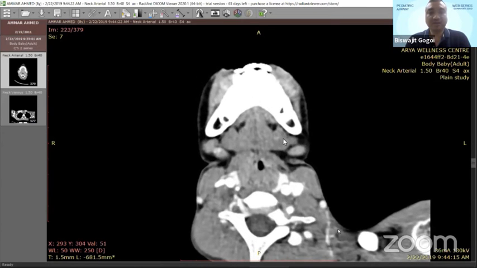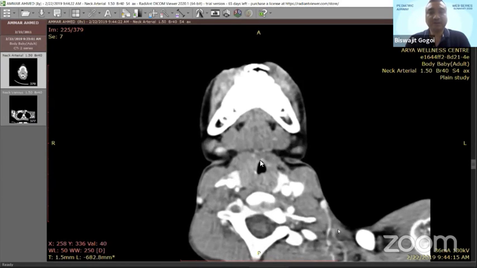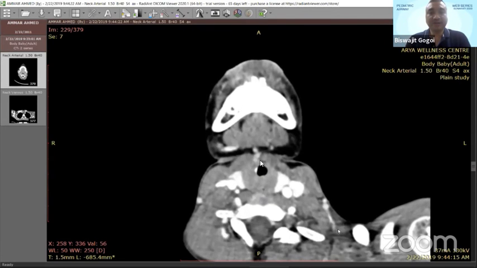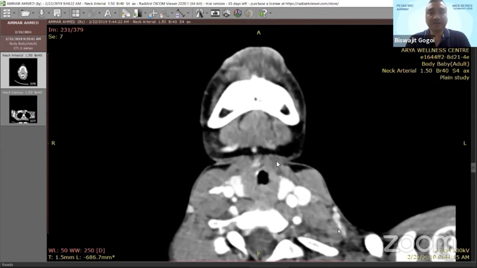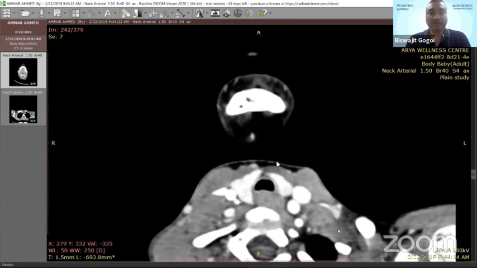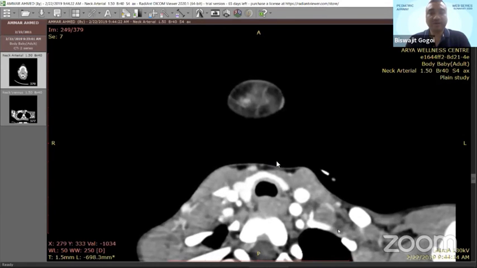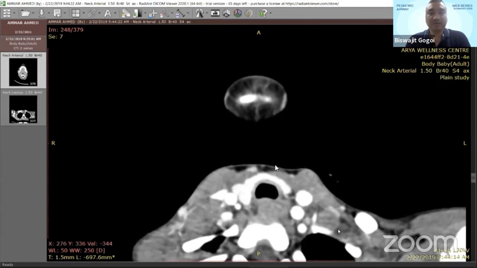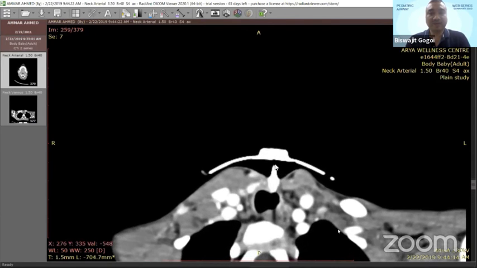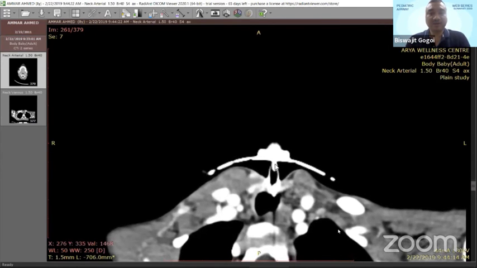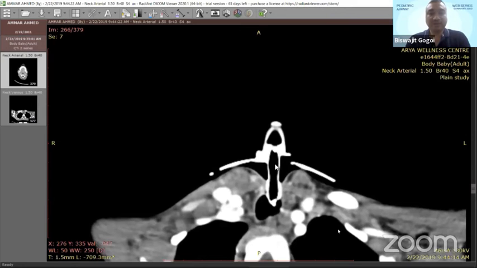Then the glottis. There's a little bit of one vocal cord medialized in paramedian position, and this is the trachea. This is at the level of the thyroid, and this is the tracheostomy in situ.